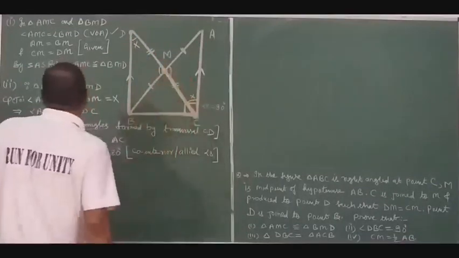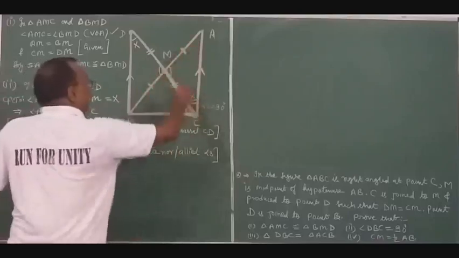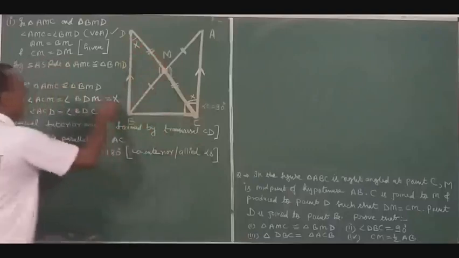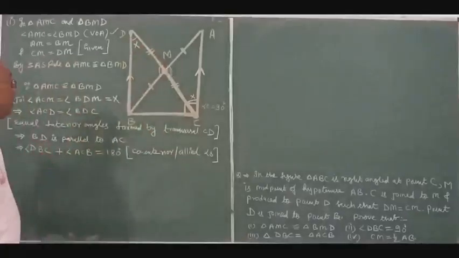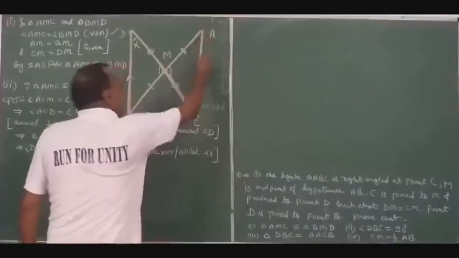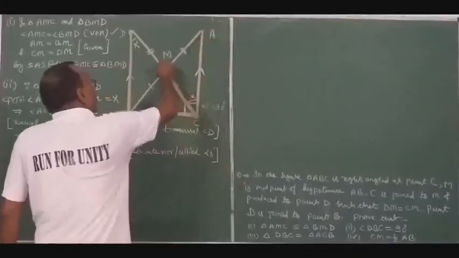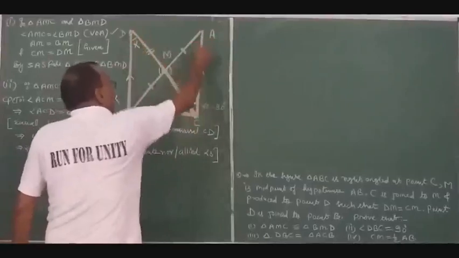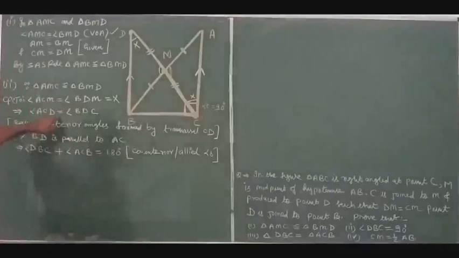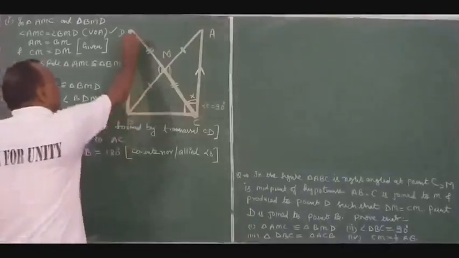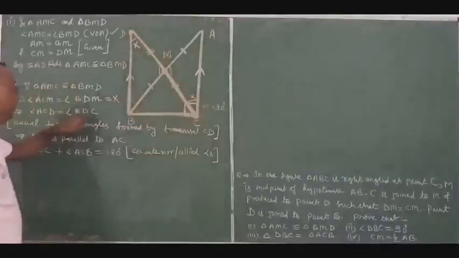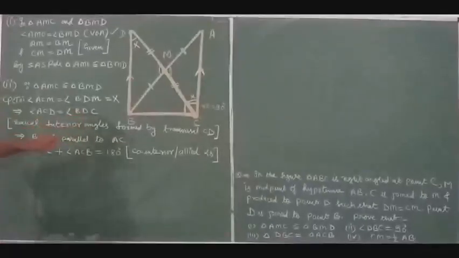Let them be X. Angle ACM is equal to BDM. Now just tell me, angle ACM means ACD. And BDM means BDC.